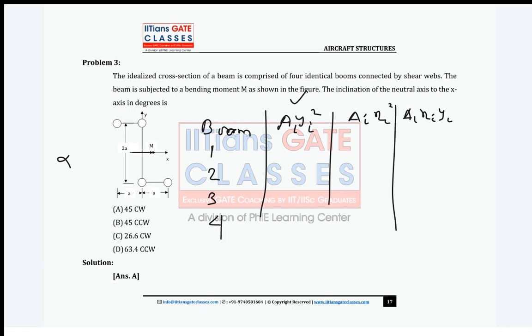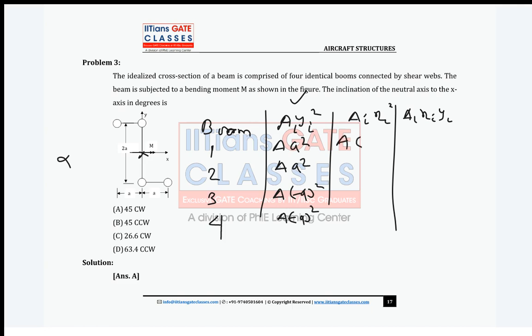So A, what is the Y distance from here? It is A square, then A square, then minus A square, minus A square. Then second, what is the area? A, what is the Xi distance?